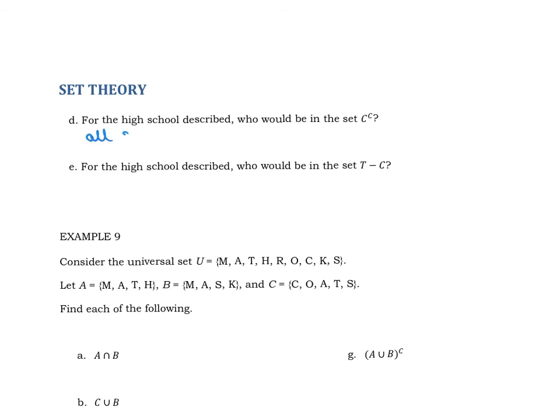So these are all students who are not on the cross-country team. And that's probably a whole lot of people if you think about it, okay? It includes not only people who just run track, but everybody else, the people who don't play any sports at all, the people who are into art, the people who are running track or playing basketball or whatever, but they don't have to be in sports at all.